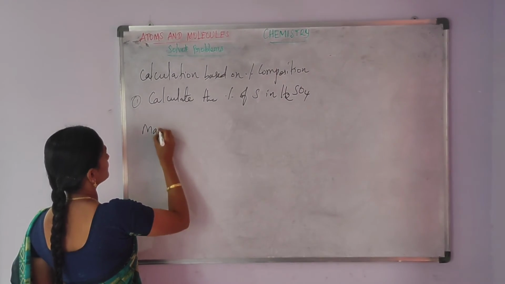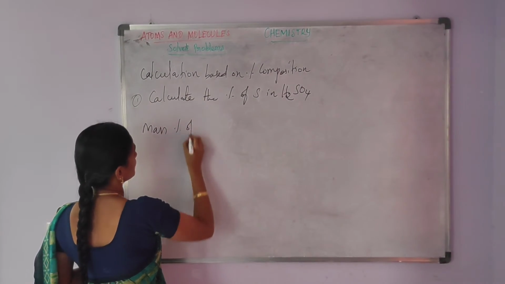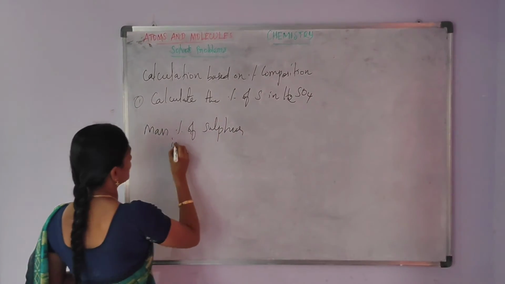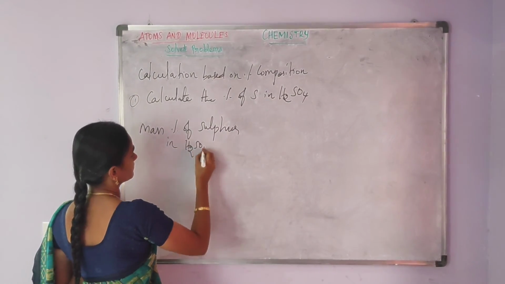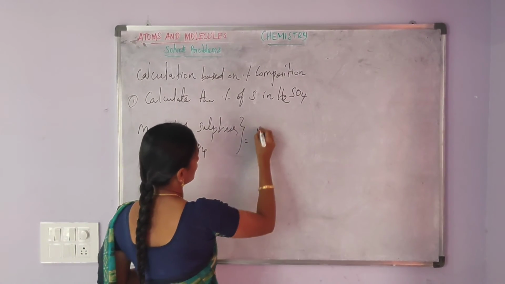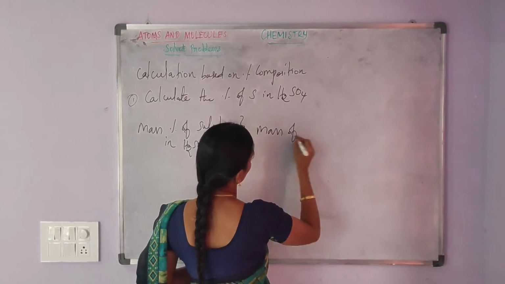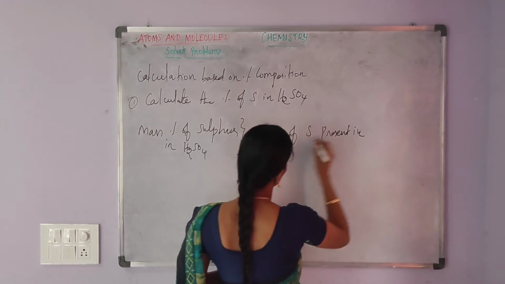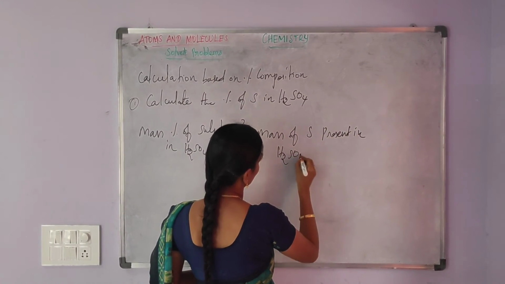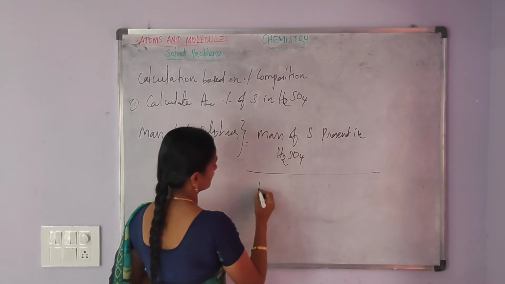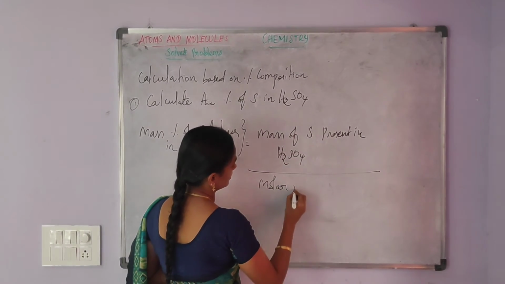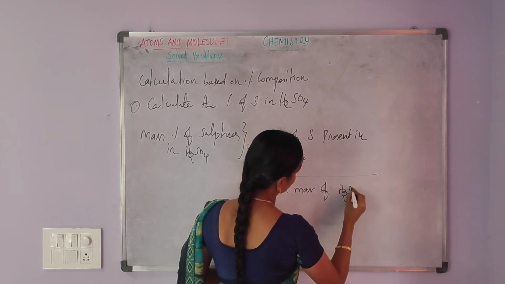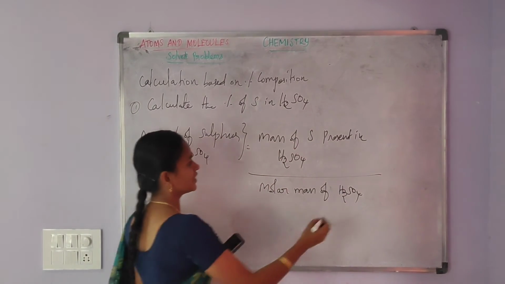The formula is mass percentage of sulfur in sulfuric acid is equal to mass of the sulfur present in sulfuric acid divided by molar mass of the sulfuric acid, into 100.